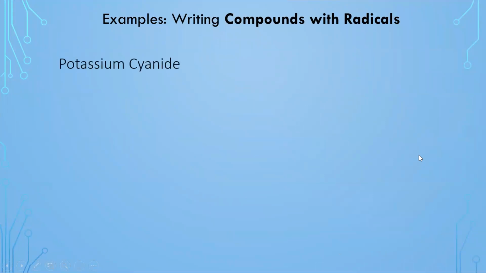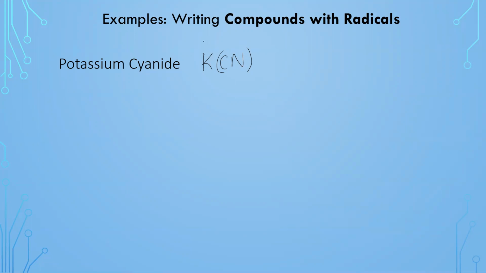Okay, so potassium cyanide. So I have an element and a radical. So potassium is K, cyanide is CN. So if you want to put this in parentheses right off the bat, you can. Parentheses can never hurt you. If you don't put parentheses and they're needed, that will hurt you. So then I'm going to check my charge.